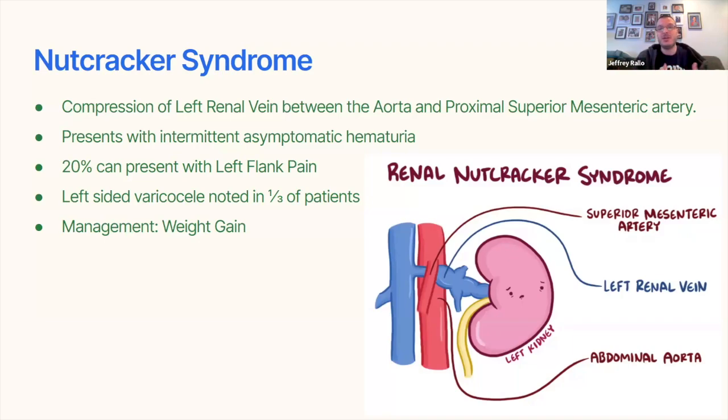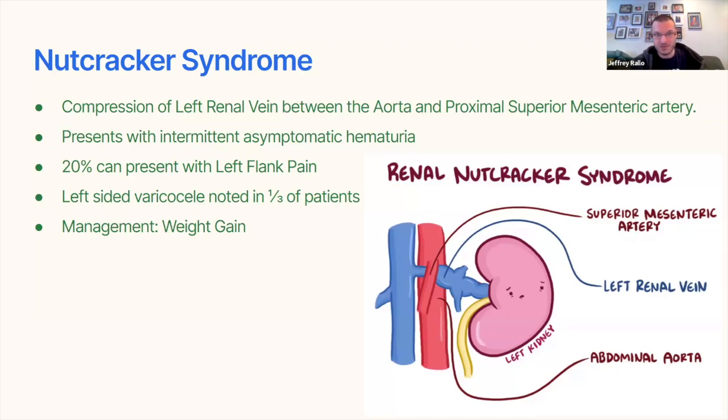And you'll have intermittent asymptomatic hematuria. This is why, even if we send them home, they have to repeat the urine to make sure it's not persistent or intermittently persistent. But intermittent asymptomatic hematuria, it's always on the left. About 20% they've found will report some left flank pain, but most of them will not have any pain.